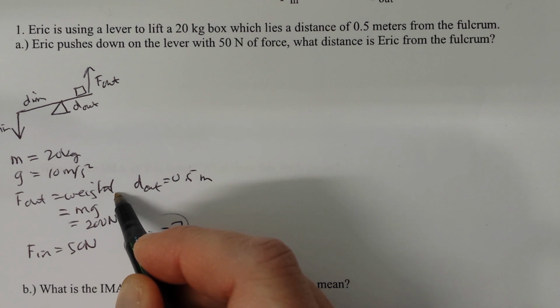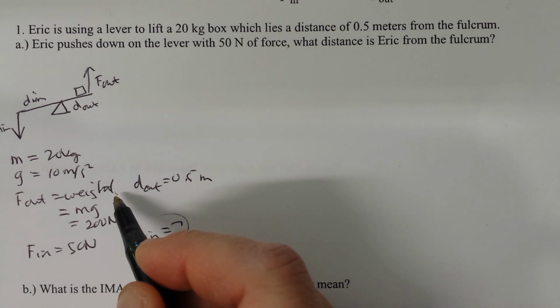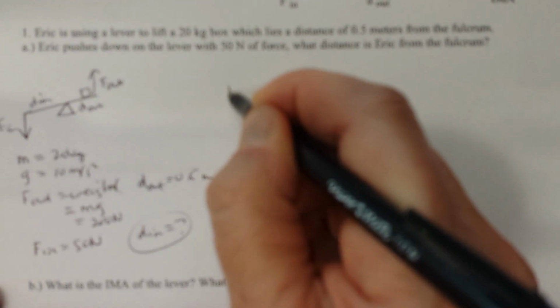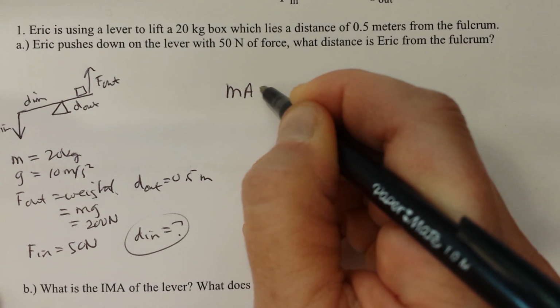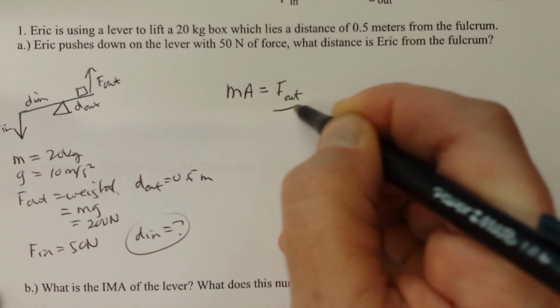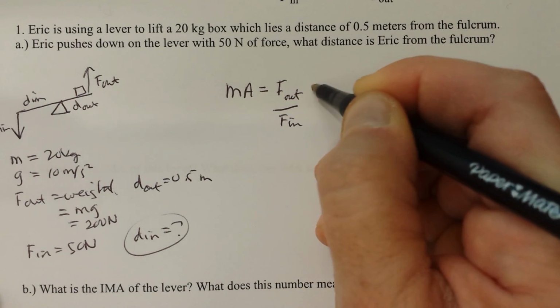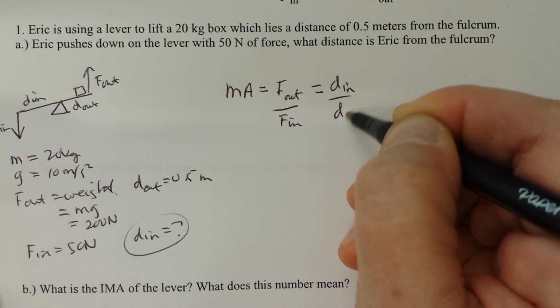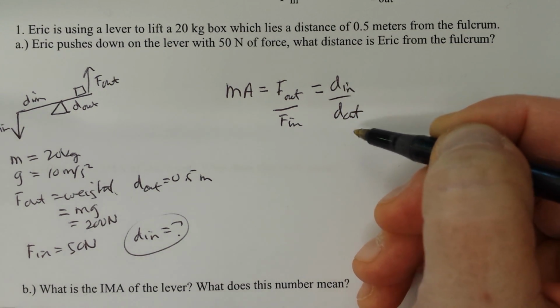Okay, so then I need to find the mechanical advantage in order to answer this problem. So the mechanical advantage is equal to the output force over the input force, and it's also equal to the input distance over the output distance, so how the machine is built.